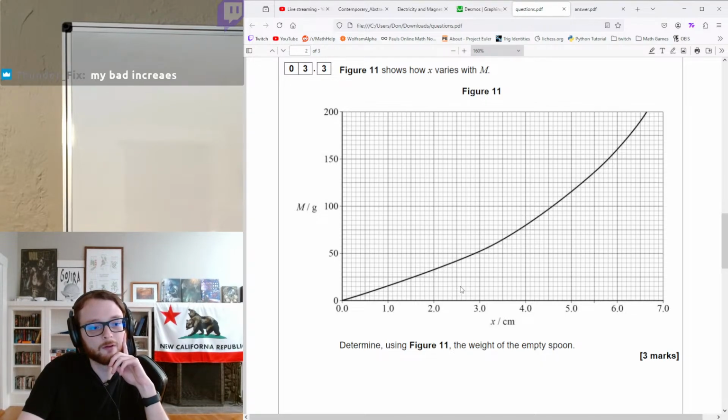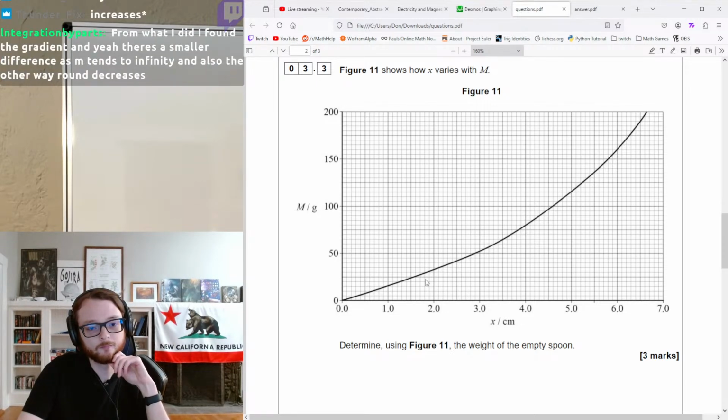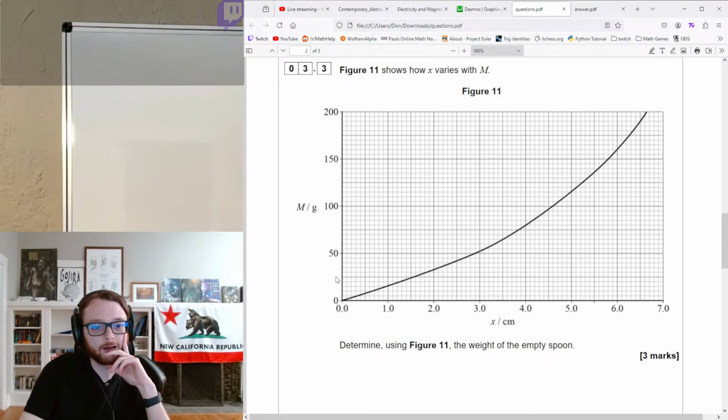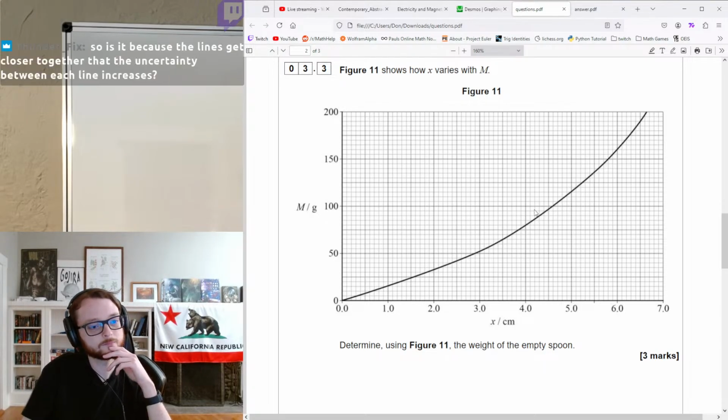Okay, yeah, it's about 50-gram increments: you have more resolution, more fine-tuning ability, the bigger the distance is, because you have more room to slide it back and forth. So for this first 50 grams, you get 3 centimeters of wiggle room. For the next 50, you get like 2. The lines get closer together.